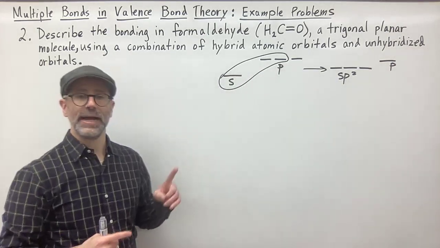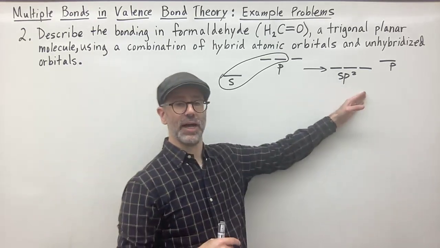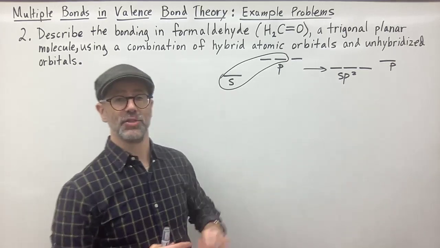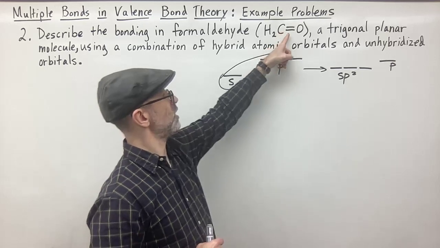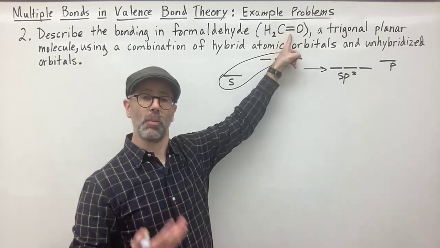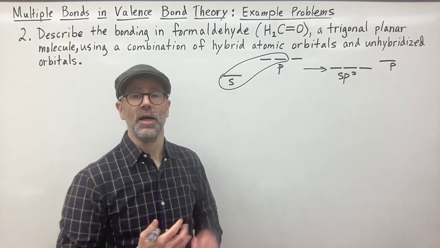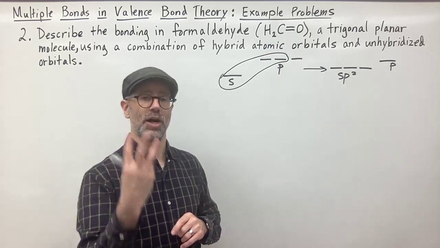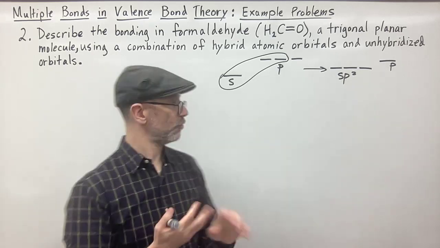So we're going to have 3 sp2 hybridized orbitals on the carbon, and we're going to have sp2 hybridized orbitals on the oxygen. The reason for this is because oxygen here has a double bond. That's going to leave two lone pairs on the oxygen for an octet. So that's going to be three electron groups. So that's going to be three hybrid orbitals.